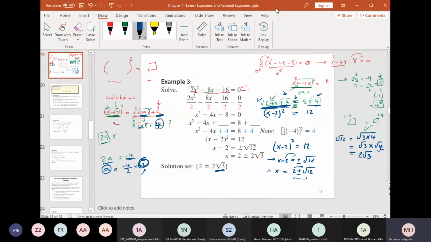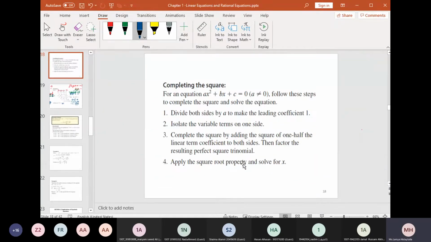We have been solving quadratic equations by completing the square.